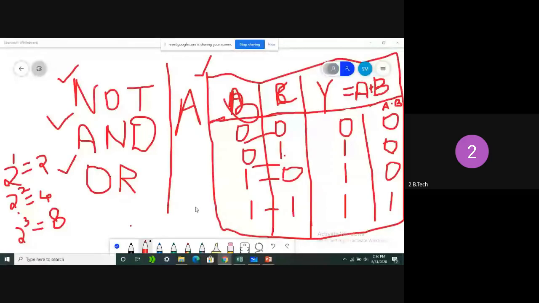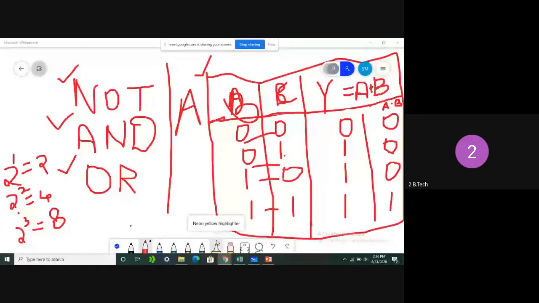Just like that, see one more switching circuit also. I will draw here how to represent OR and AND gate, so that we can easily understand.